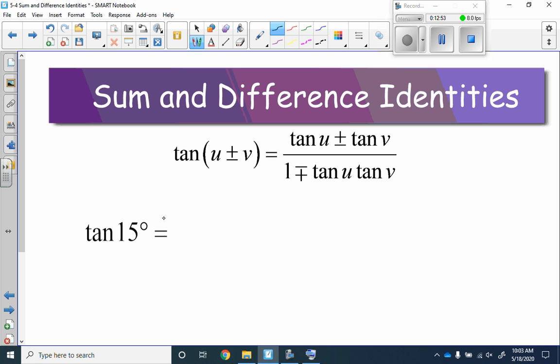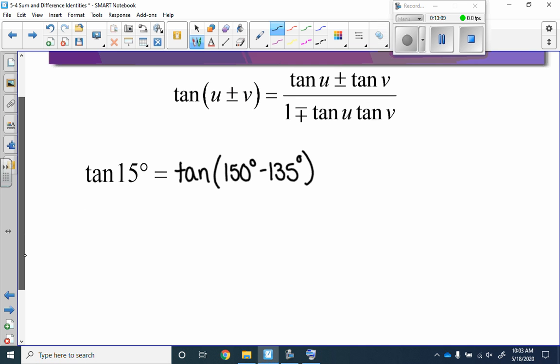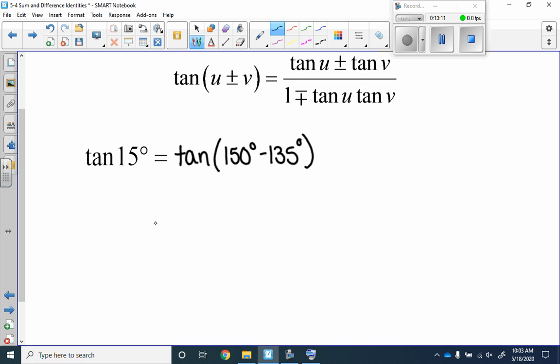How about if I take the tangent of 150 degrees minus 135 degrees. Okay, so I'm just going to work over in that second quadrant. I'm still going to get the tangent of 15 degrees here. Now I'm working with 150 and 135, so I don't have to worry about having anything undefined, okay?